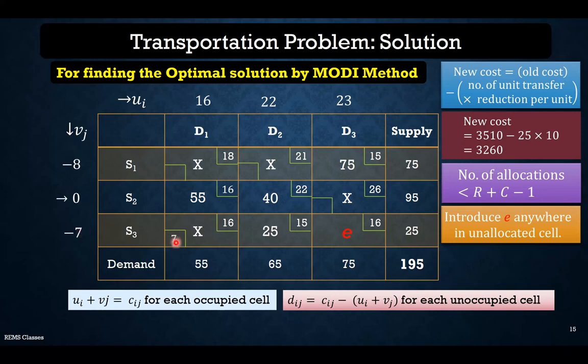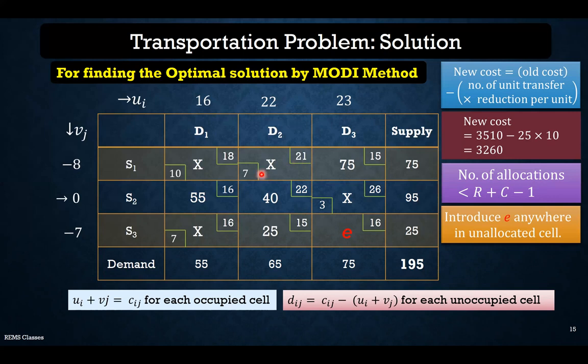So this is 7. If it is 26, then 26 minus 0 plus 23, this is 3. If it is 18, then this will be equal to 10. And if it is 21, then this will be 22 minus 8, that is 14, and 21 minus 14 will be 7.